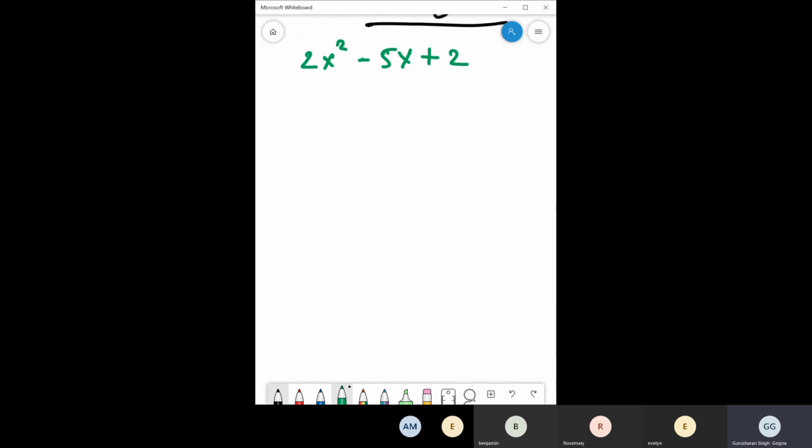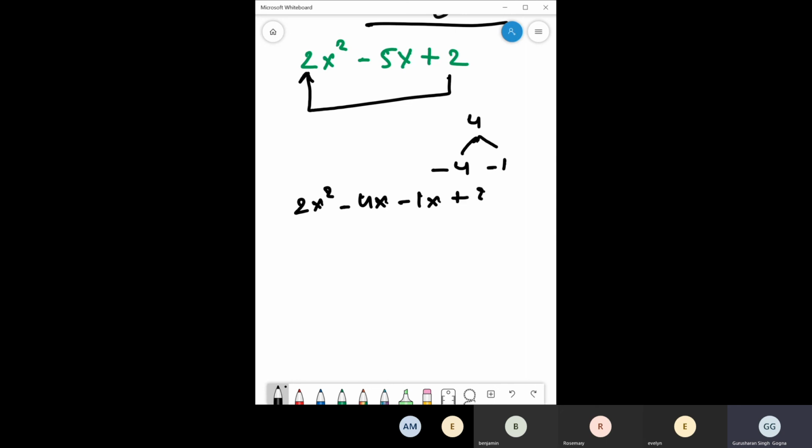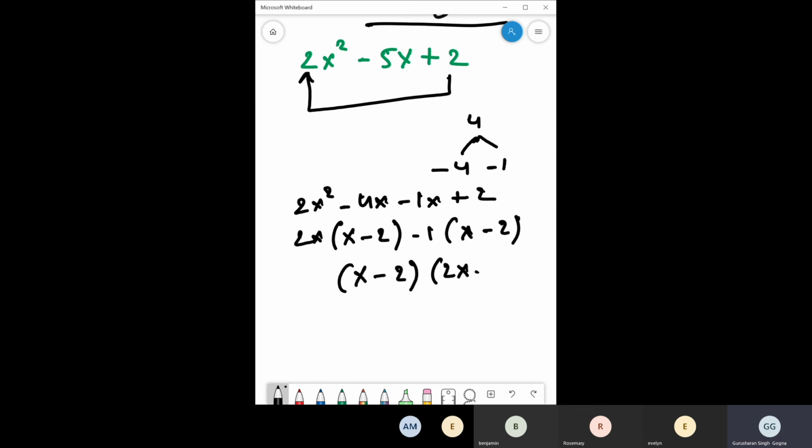Okay, so the idea is 2 multiplied by 2 will give you 4, and the factors of 4 are 4 and 1. I want minus 5 in the middle, so minus 4 minus 1. So 2x squared minus 4x minus 1x plus 2, and then 2x is common, x minus 2, minus 1 common, x minus 2, x minus 2 common, 2x minus 1 equals, let's say, 0.